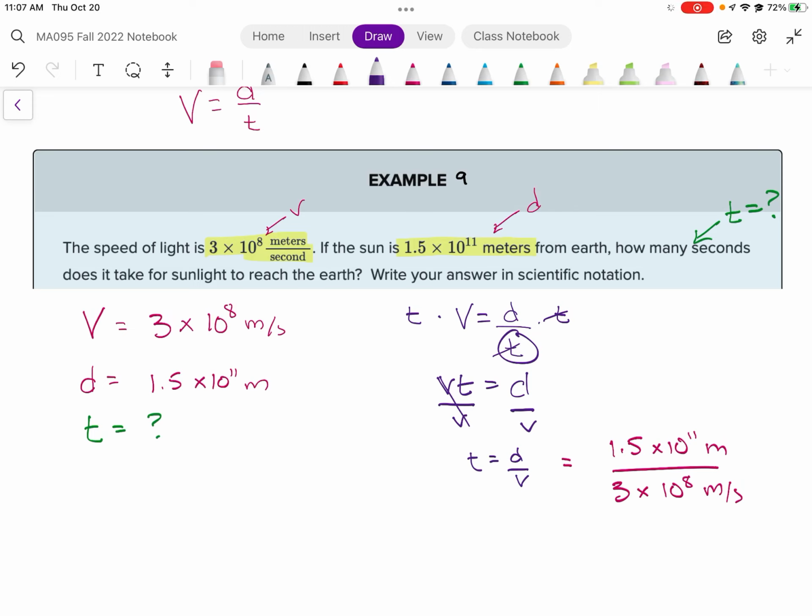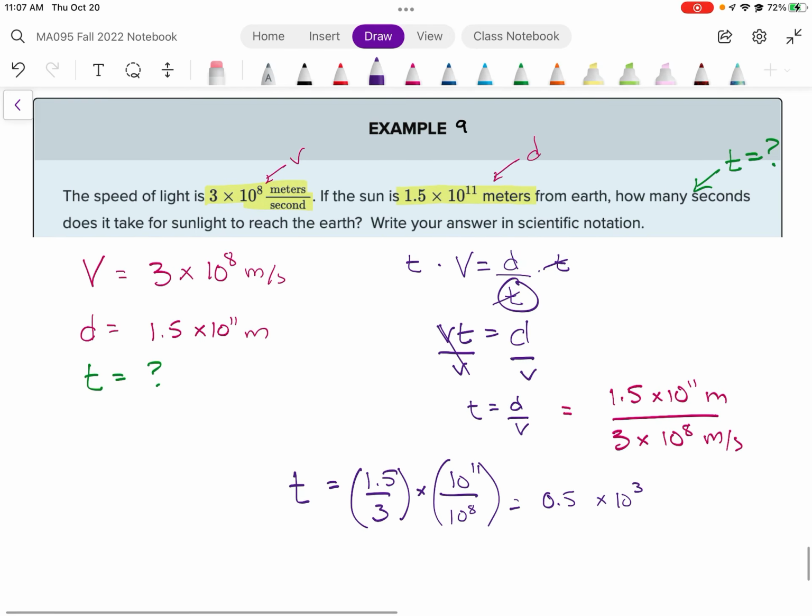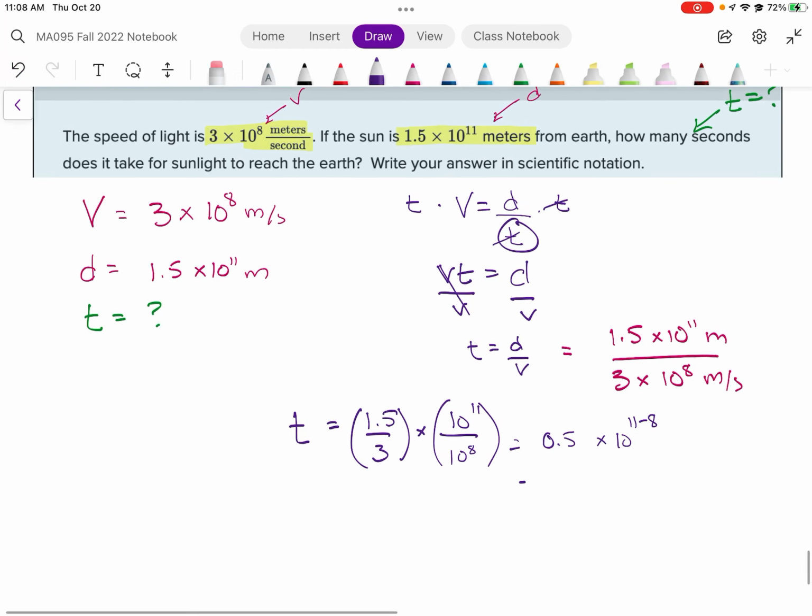All right, so we've got time equals 1.5 divided by 3 times 10 to the 11 divided by 10 to the 8. 1.5 divided by 3 is 0.5 times 10 to the, well, let me not take a shortcut there. We've got 11 minus 8.